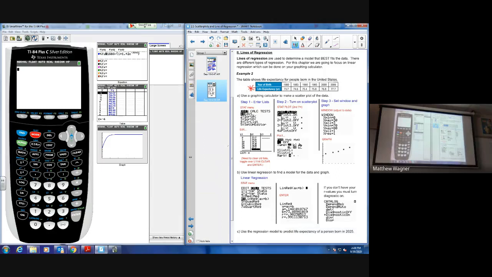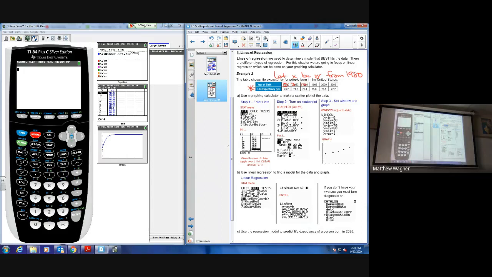And typically when you set up your data, you don't want to type in 1980, 1983, 1990. It's going to say, like, let X be years from 1980, okay? So then we know this is going to be 1, this is going to be 3.